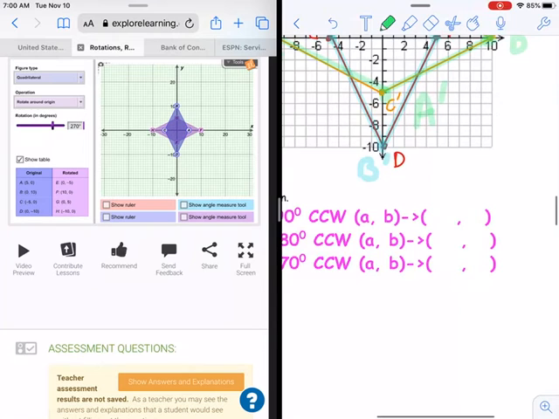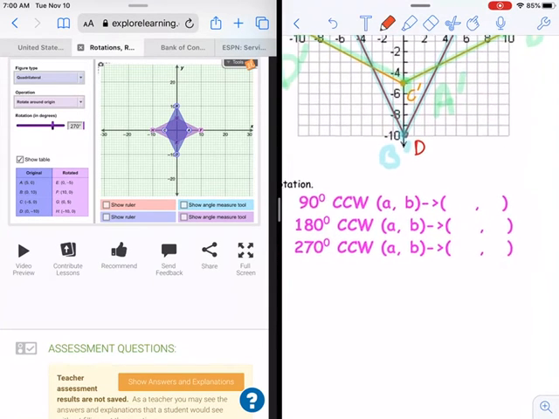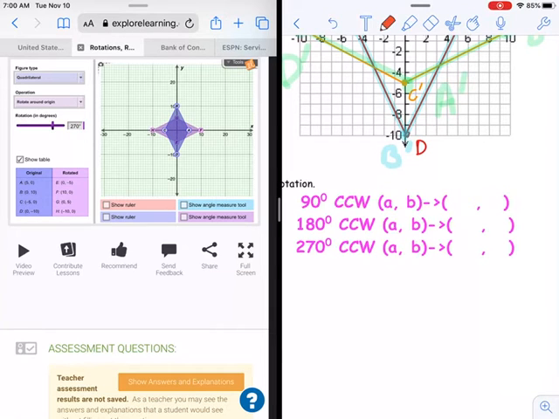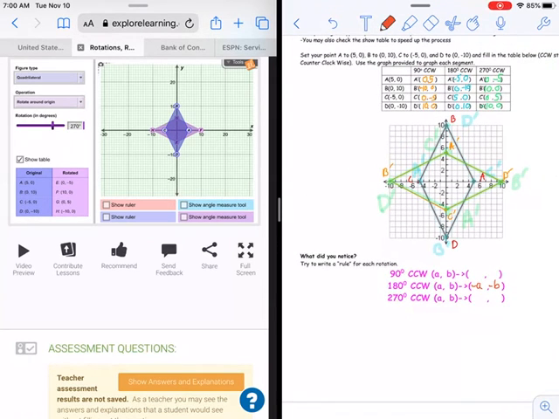However, the rules are as follows. And in fact, there is one rule I have memorized, and it's 180. With 180, the order stays the same, but both of the signs change.